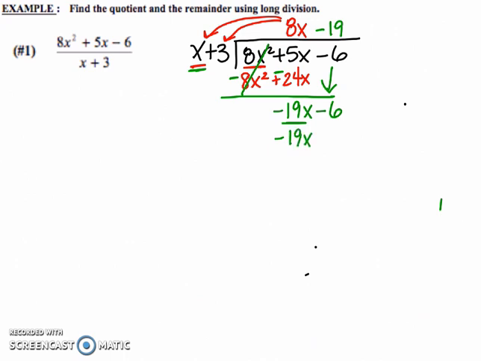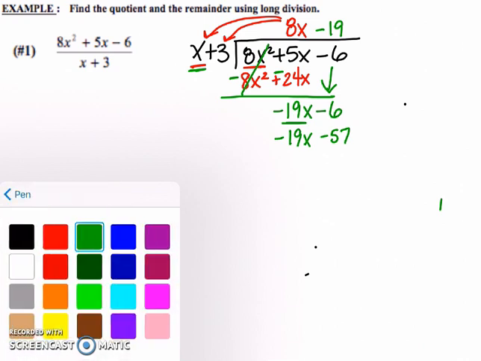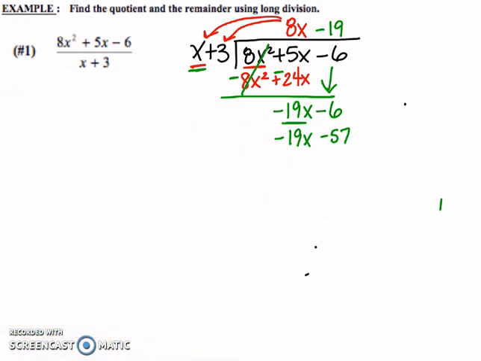Negative 19 times 3 is going to give us negative 57. But once again, now we're not going to subtract. Instead, we're going to draw the line and change the signs. So since these are both negative, now they're both going to become positive, and we're going to add. The x terms cancel, and then we have negative 6 plus 57, which gives us a remainder of 51.